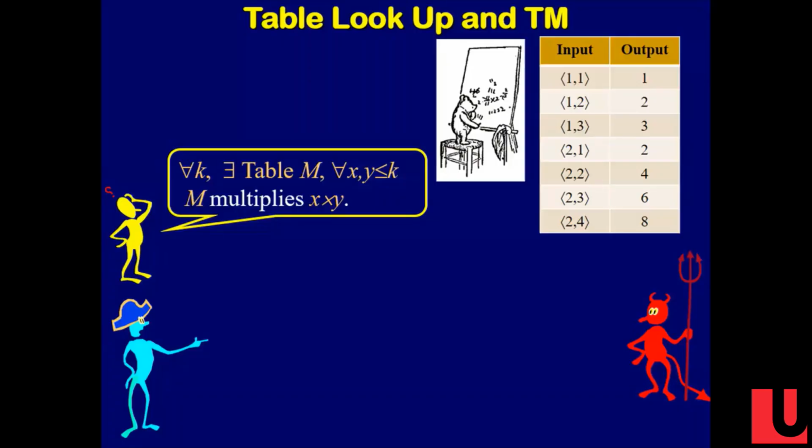And the question is, can I multiply X and Y with this table? So the question is, is the input X, Y in the table? I win if it's in the table or not. Those are my three variables. So we know what the inner thing means. It means, are these x and y in the table M?